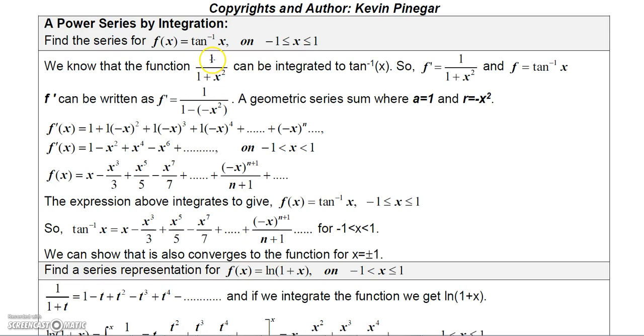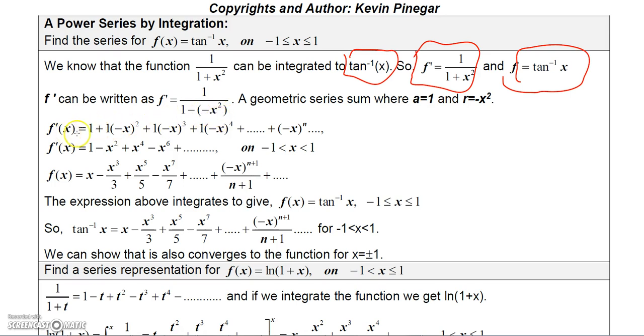We know that if we were to take the function 1 over 1 plus x squared and integrate that, that would be arctan of x. So let's assume that f prime is 1 over 1 plus x squared, so that f would be the arctan of x. Now f prime can be written as the sum of a geometric series where a is 1 and r is negative x squared.